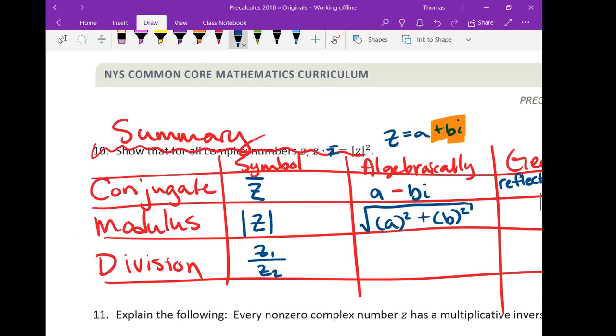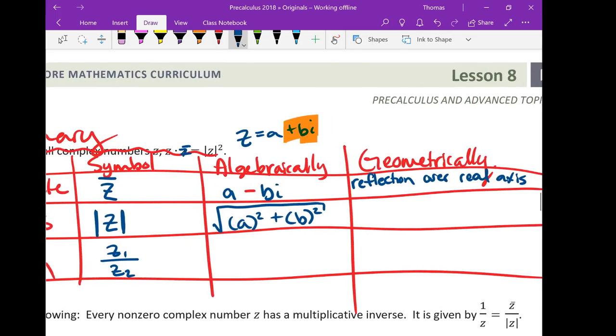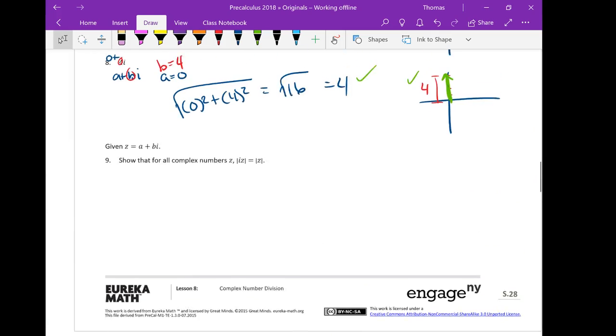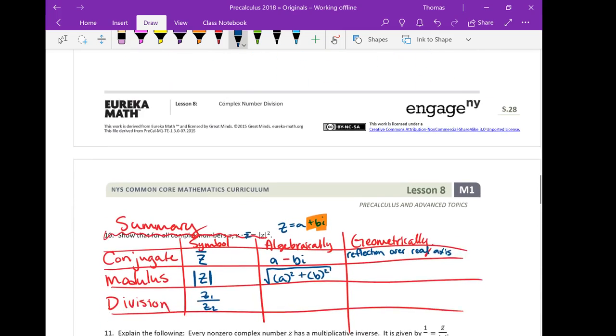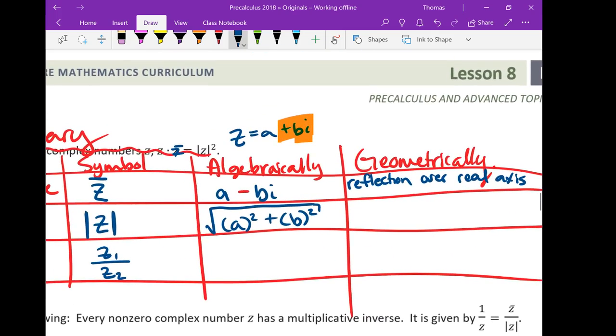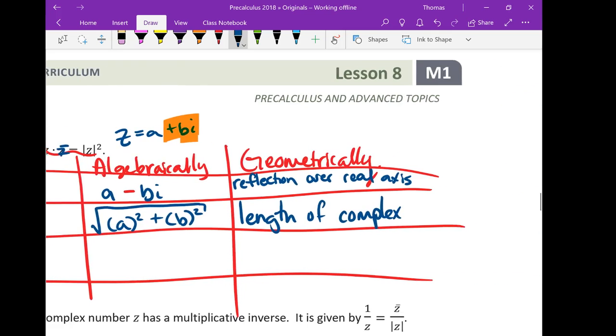Whenever we're asked for the modulus and we need to find it algebraically, like we have a number in front of us, we can just plug it into that formula. And then geometrically, we saw the modulus told us the length of the complex vector.